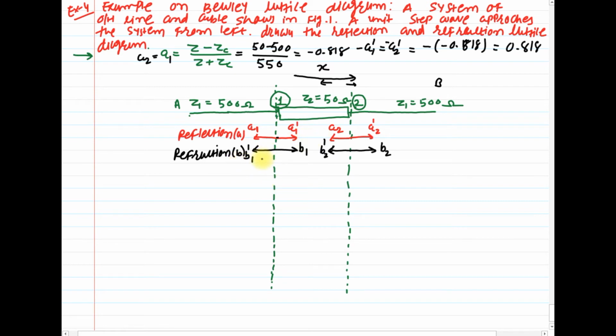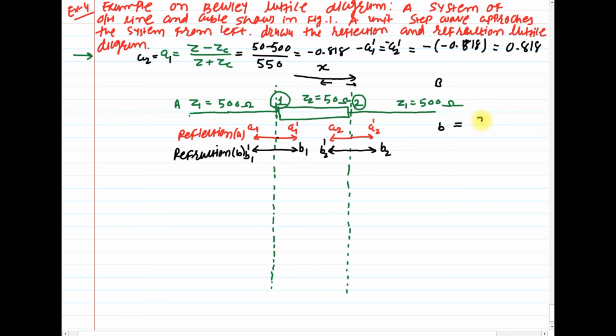Now next we have to calculate the refraction coefficient. So for the refraction coefficient, I will write over here b1 dash is equal to, let me first write the generalized equation.